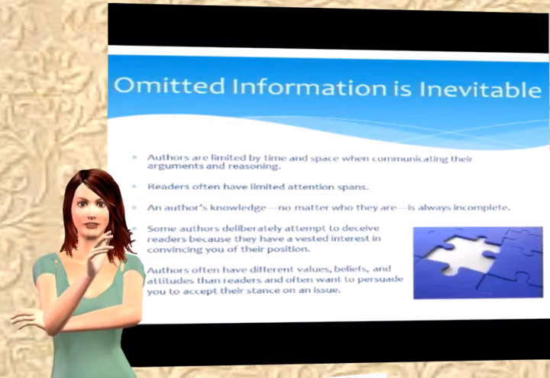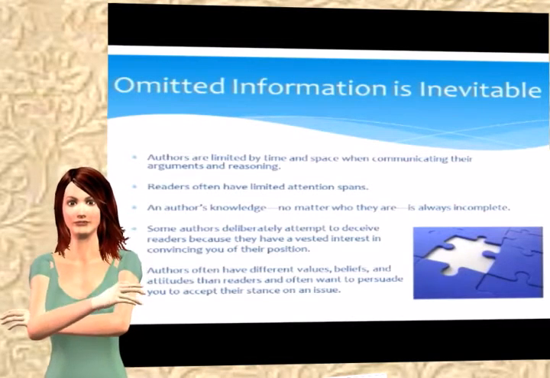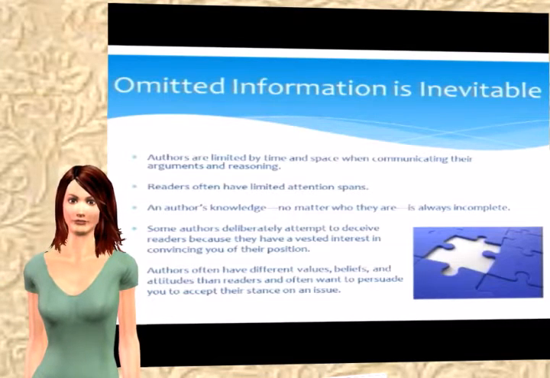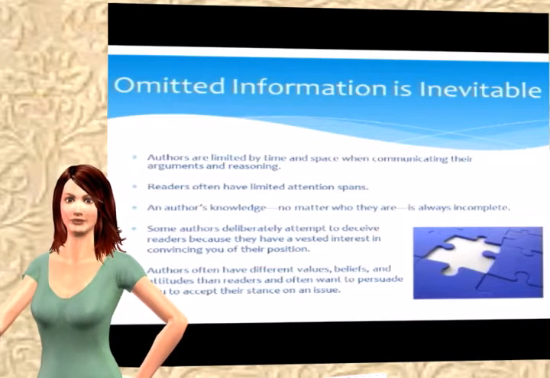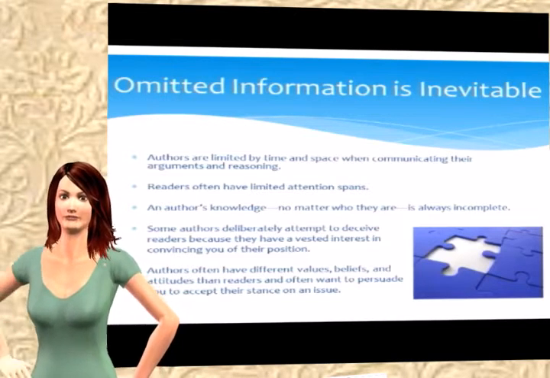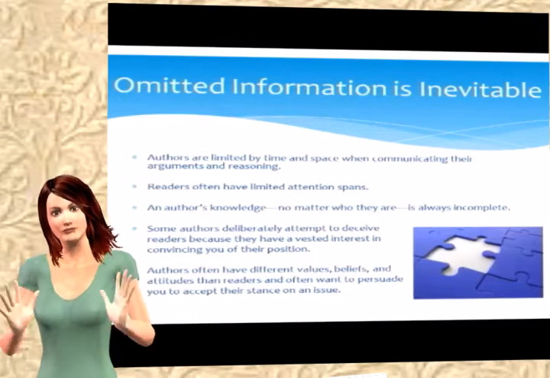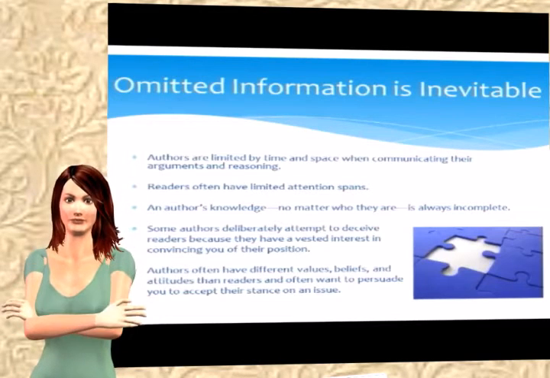Now, that said, omitted information is just something that we have to accept as an inevitability. It's going to happen. There's really no way of preventing omitted information in anything that you read, hear, or see. And there are several reasons for this, and Brown and Keeley talk about each one of them. First of all, authors are limited by time and space when they're communicating their arguments and articulating their reasoning.